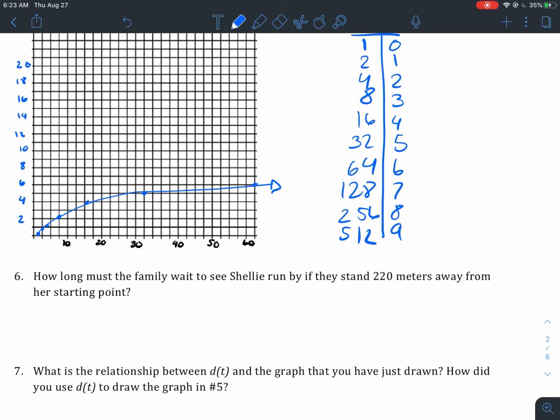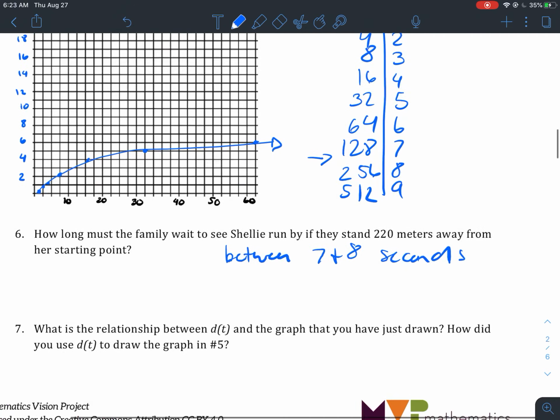So again, if you want to actually solve this, you have to use logs. But we can go ahead and look at our chart. If they're standing 220 meters away, they're right about here. So we can estimate and say they're going to have to wait between 7 and 8 seconds. All right, so we just put some more points in there, and we're just kind of estimating for that one.